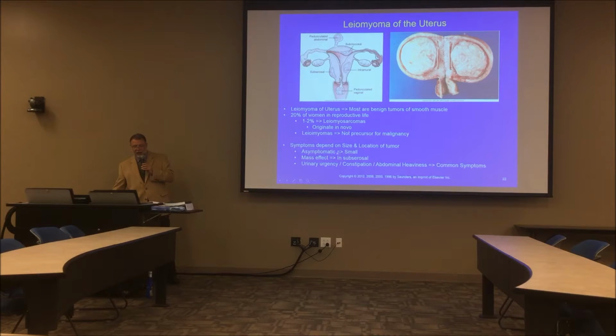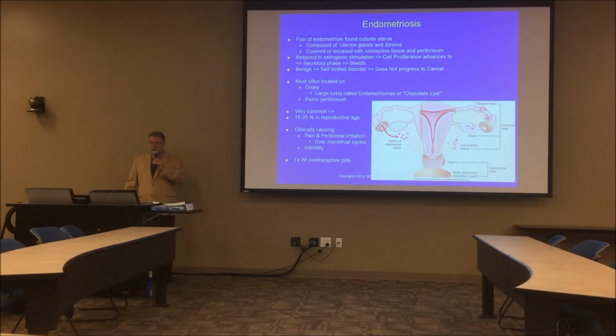Smaller ones will be asymptomatic. Some mass effect can also happen. Some can grow so big that they cause urinary symptoms, constipation, or even abdominal heaviness. Some leiomyomas have been removed when the patient was thought to be pregnant, and those tumors have weighed over 10 pounds.